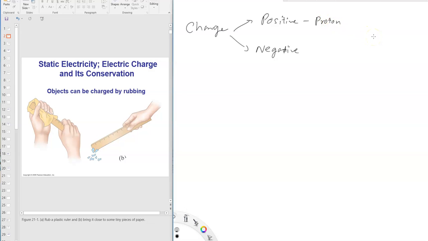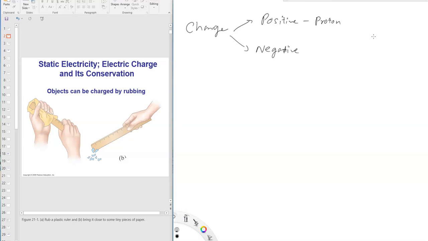A proton is a small, tiny particle. Atoms have protons in them. There are other different types: protons, electrons, neutrons. A proton contains this fundamental property called the positive charge. So a proton has certain characteristics, certain behavior.